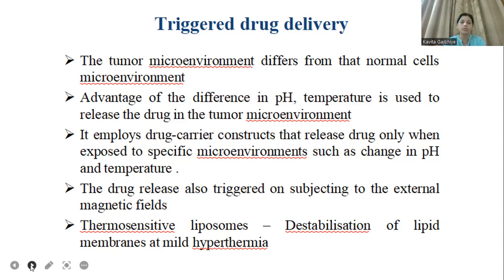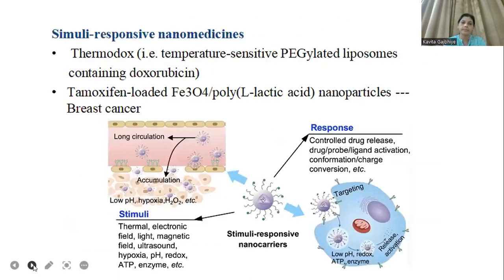For example, changing the pH, whether acidic, alkaline or neutral condition of that particular area, or changing the temperature in that area, or the release of any biological fluid or any enzyme. That type of triggered drug delivery would also be possible in the formulation of a smart or stimuli responsive carrier system.